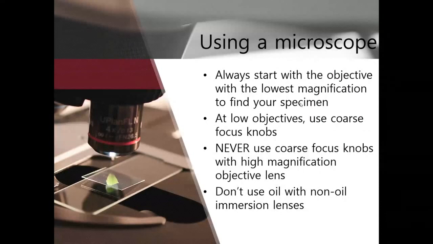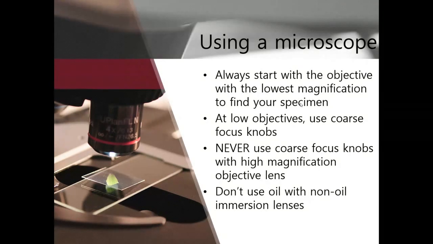Some of the rules of using a microscope that are important that I just want to point out, and at some point you'll have a chance to apply this. You always want to start focusing with the lowest magnification. So you're always going to start with that 4x objective lens, so we are total 40x magnification. Your field of view is way bigger, so you get to see more.